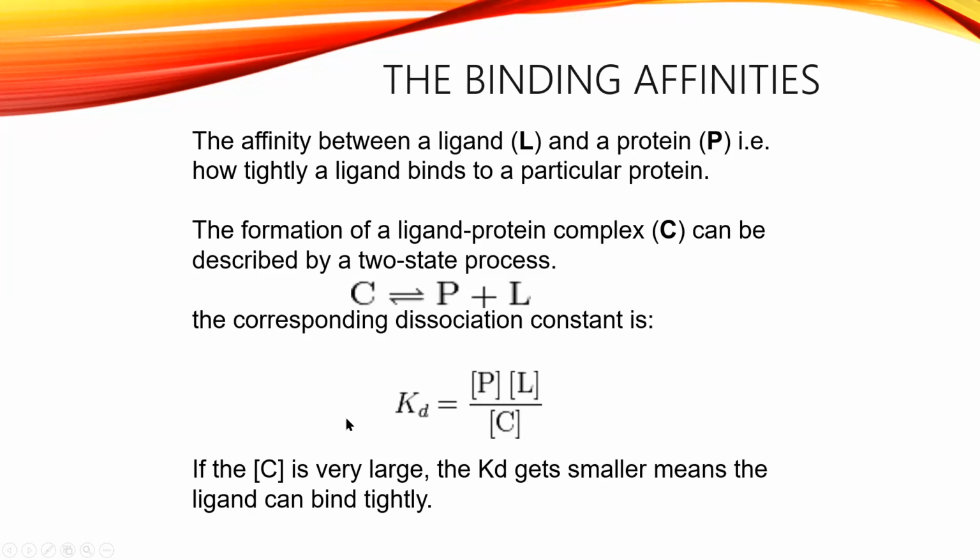So KD, or binding affinity, is the concentration of protein times the concentration of the ligand divided by the concentration of the ligand-protein complex. So what that means is, if you put drug and protein inside the beaker and the drug binds to the protein very well, the concentration of complex will be very large. If the complex concentration here is very large, KD is small. So what it tells us is that a drug that binds very tightly will have a small KD number.